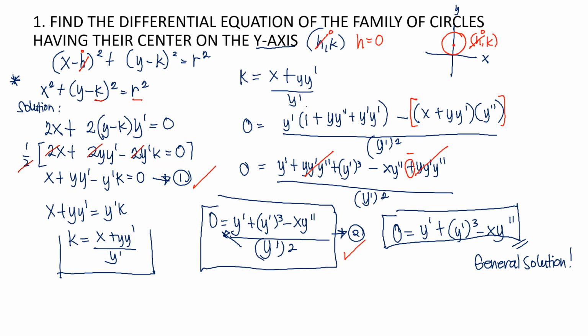Okay? So, we can just rewrite it though that this is x y double prime. Paglilipat natin sa kabila is minus y prime cube plus or minus y prime is equal to 0.